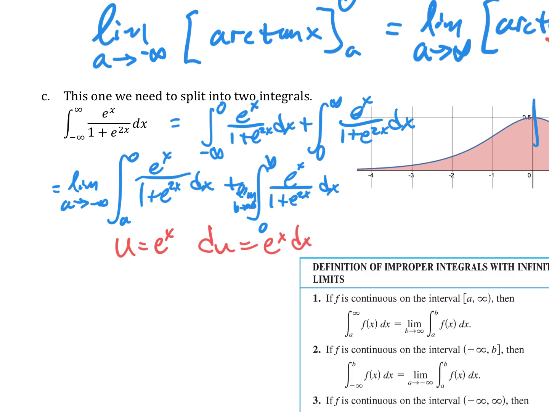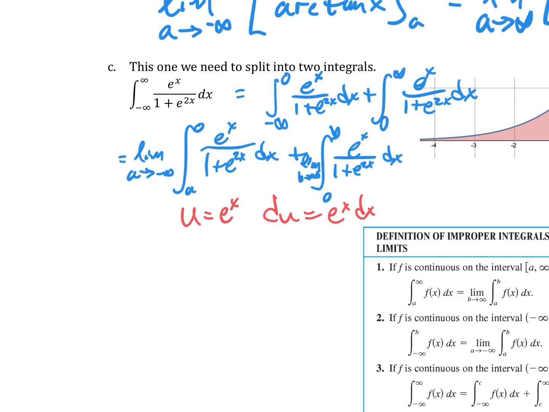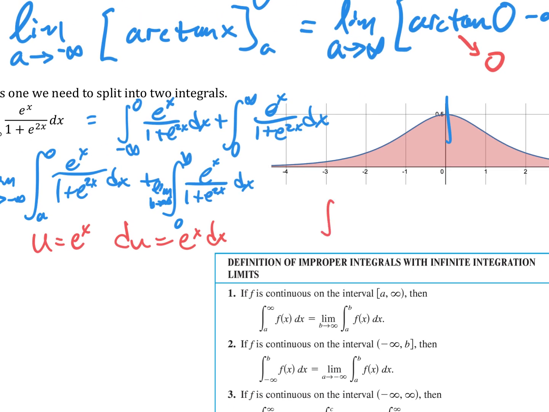And then we can rewrite this. Okay, the integral of e to the x over 1 plus e to the 2x dx.